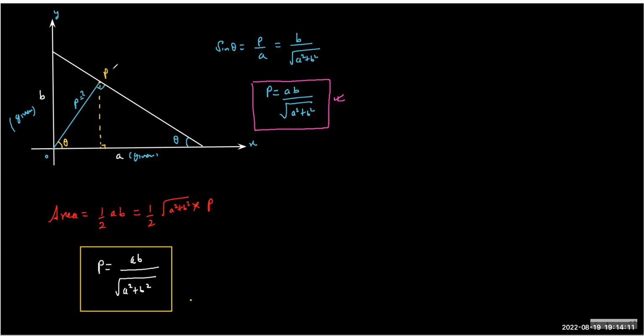Can we say this is P cos theta, comma P sin theta? Yes or no? I just changed it to alpha, not to confuse. So can we write like this? Tell me, guys. P cos theta is this point with the coordinate.